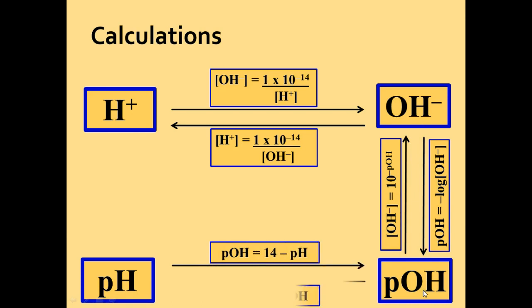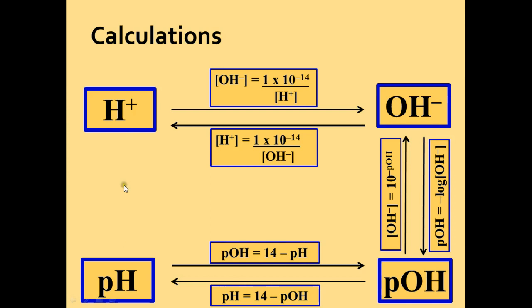Then we have pH to pOH. So pOH is 14 minus pH. So remember, they both add up to 14. So you can always just work your way backwards and solve algebraically. That's how they derive these. And then same thing with pH. pH is just 14 minus pOH.